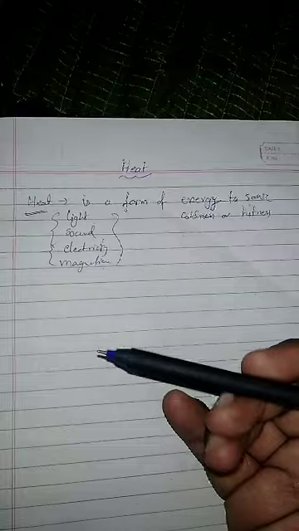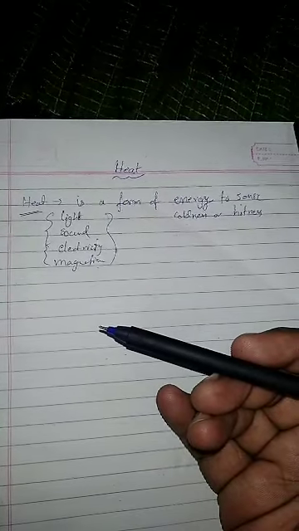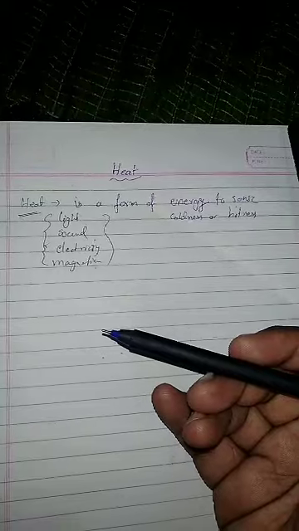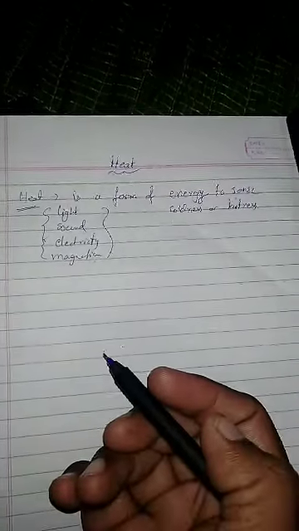Okay, since the lesson is heat, we discuss about it also. So what's the importance of heat in our daily life? See, when you touch any object, we definitely feel coldness or hotness.